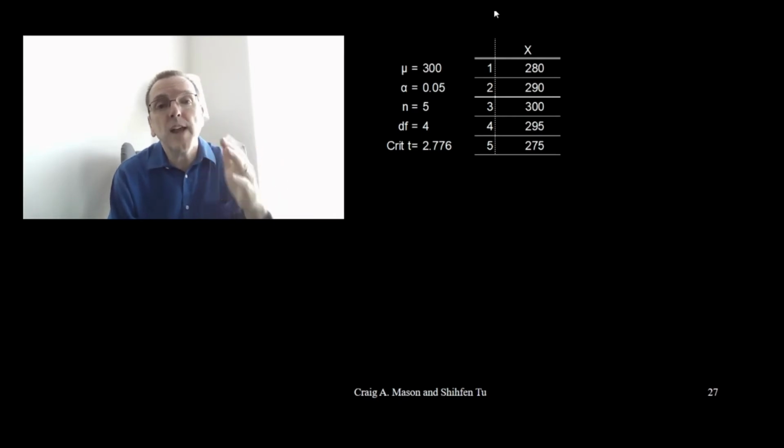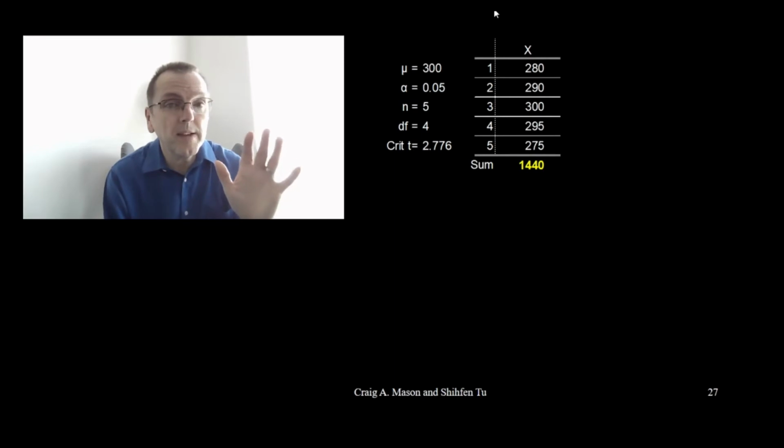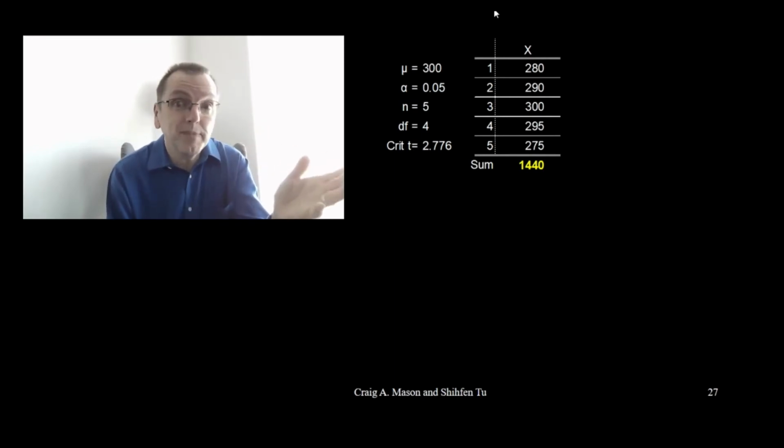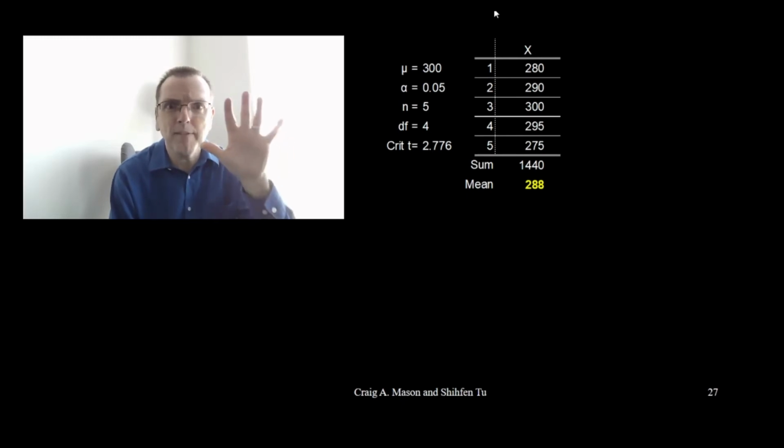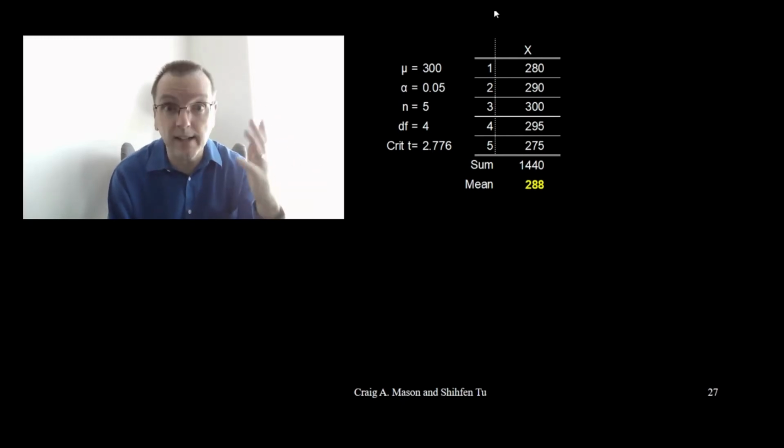So let's first add up all of these in order to get the sum of our scores, the sum of x. And if we do that, we find that they sum to 1,440. We then divide that by 5, our sample size, in order to get the mean, which is 288. Great. Notice again, we're dividing by n, by 5, because we want the mean of the scores.